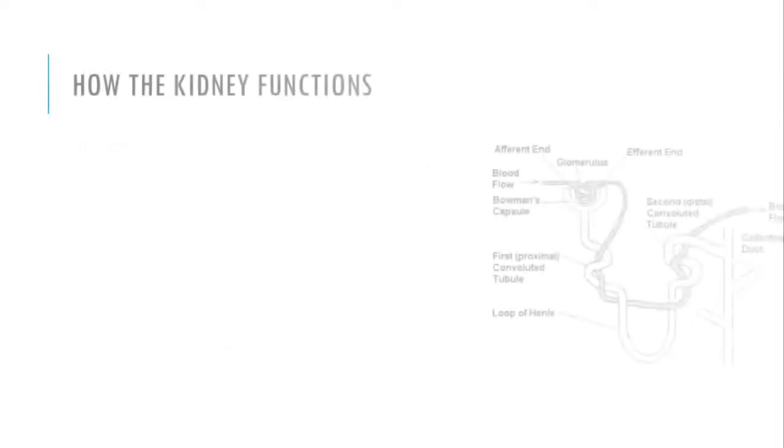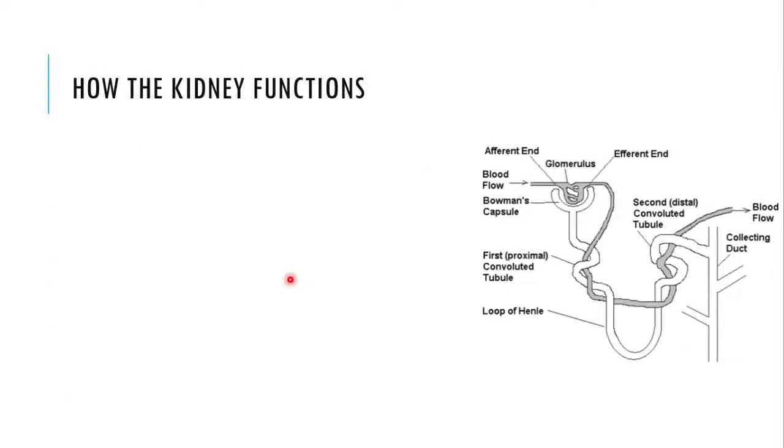So let's continue. We're still learning. Those are the events that occur under ultrafiltration. During the stage of ultrafiltration, small molecules are filtered. What are those molecules? We've got mineral salts, glucose, urea, and water.